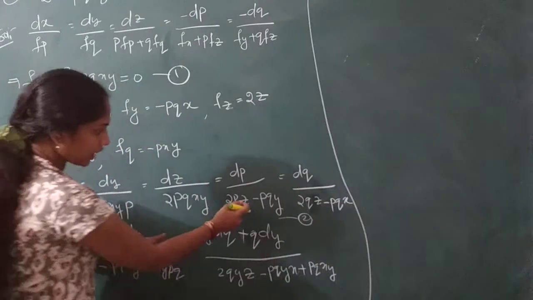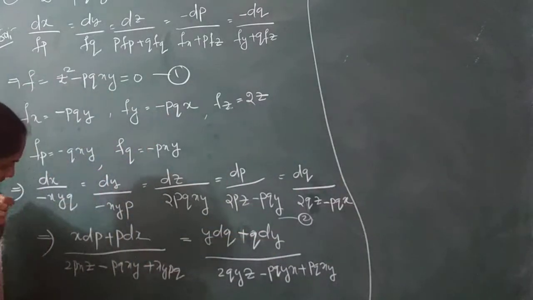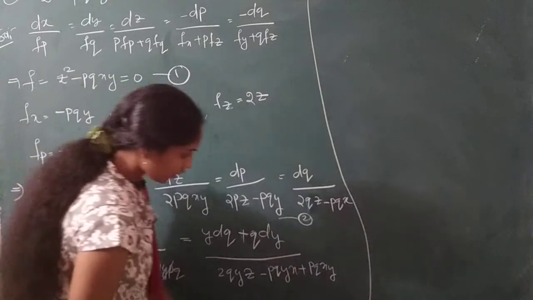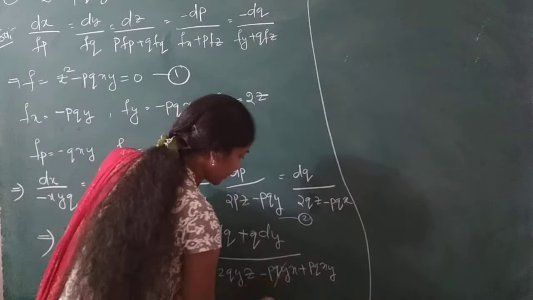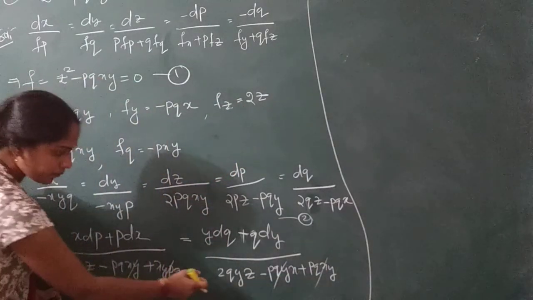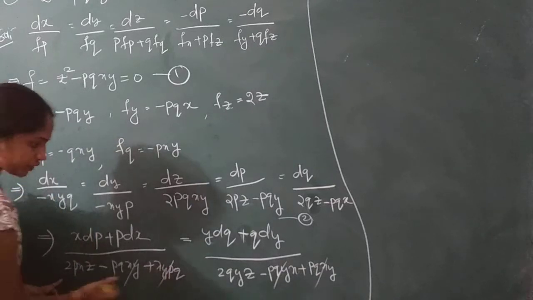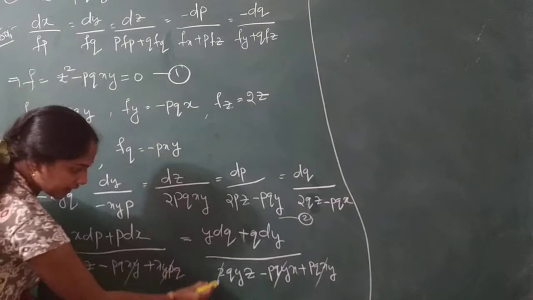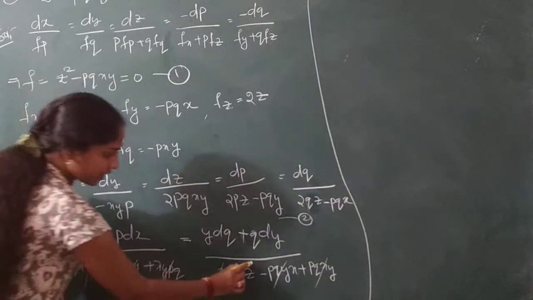Now you have multiplied these terms, so some terms are getting cancelled. xypq and xypq both are getting cancelled. Now here also xypq, xypq, both are getting cancelled. So the remaining terms are these 2. After observing the denominators of these 2, another 2 terms are getting cancelled: 2 gets cancelled and z gets cancelled.